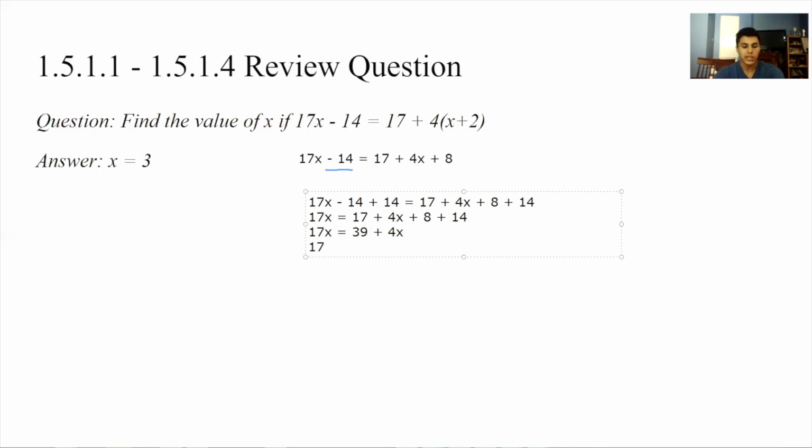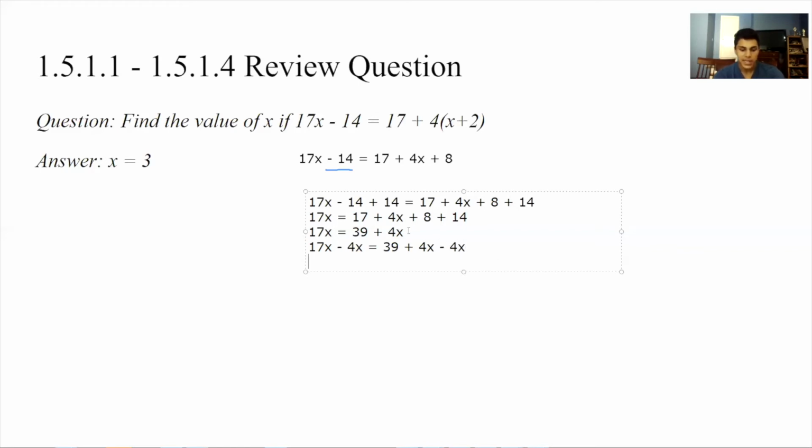Now this may be a little bit confusing, but it's the exact same concept that we use with constants. If I'm adding 4x and I subtract 4x, then that just leaves me with 0, because the two operations cancel each other out. So this equation turns into 17x minus 4x equals 39 plus 4x minus 4x.